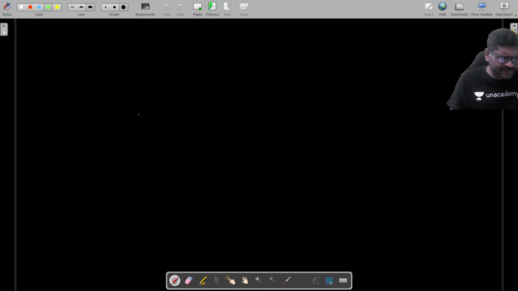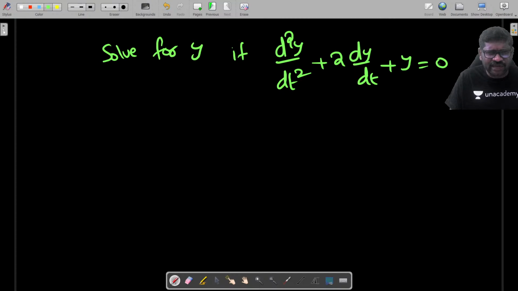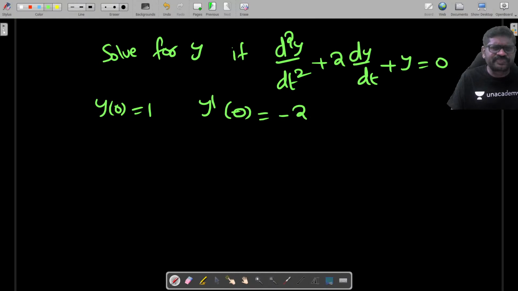Next question: solve for y if d square y by dt square plus 2 into dy by dt plus y equal to 0, with y of 0 equal to 1, y dash of 0 equal to minus 2.